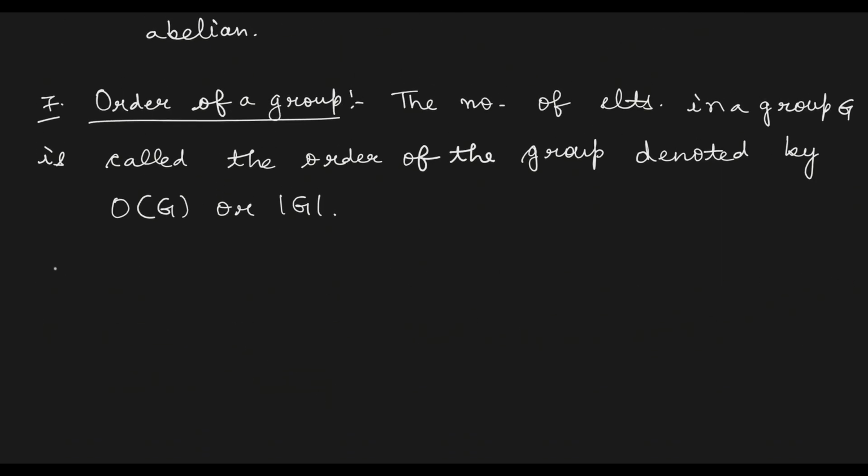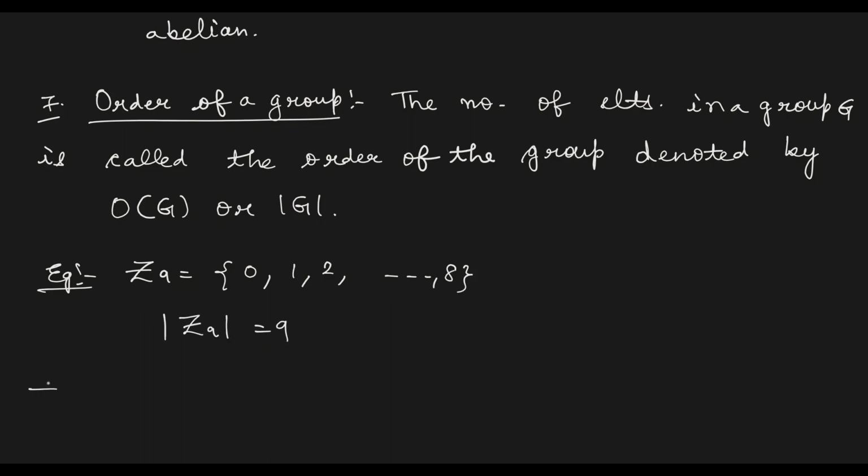For example, if I have Z9, then it will have 0, 1, 2, and so on till 8. So the order of Z9 will be 9. Z is an infinite group under addition.